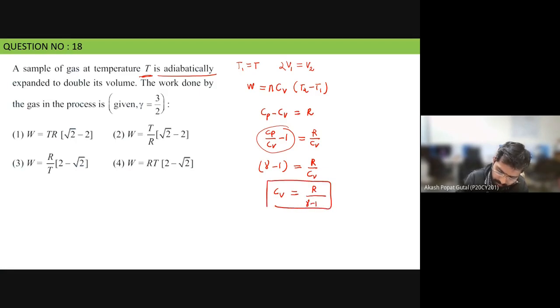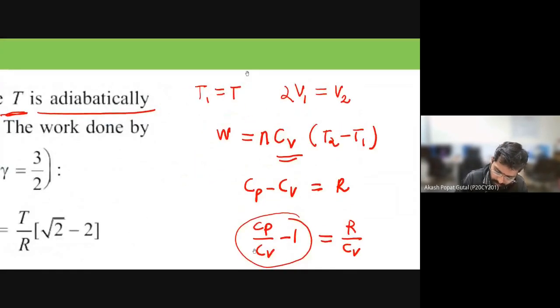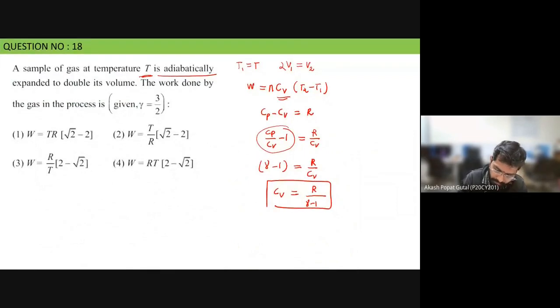First thing we get is this Cv. We need to calculate T2 next. T1 we know, V1 and V2 we know, the relation between V1 and V2 we know.